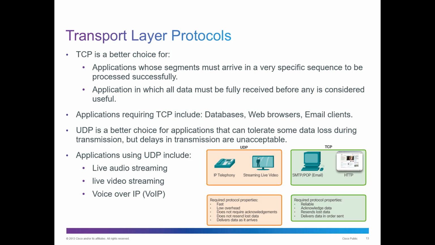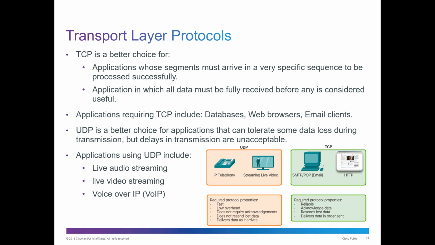You might have been on a voice over IP or a Skype conversation where you can tell that someone has responded, or it's been a long time since they responded, but then you finally hear their response maybe 3 seconds later, and it really messes up the conversation when that happens. So it's still using UDP, it's just that UDP's even not fast enough, maybe if you're too far away. So that would be even worse if you were using TCP.